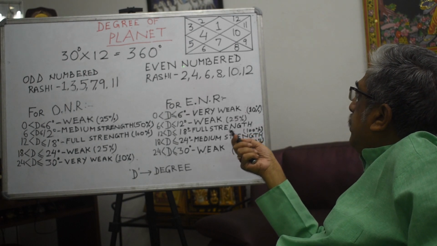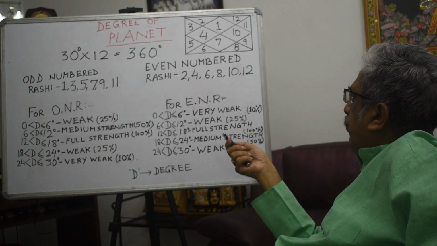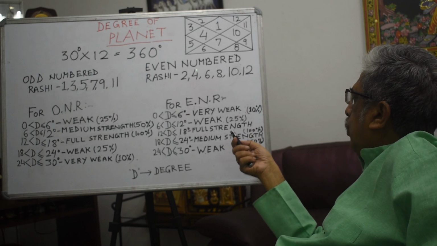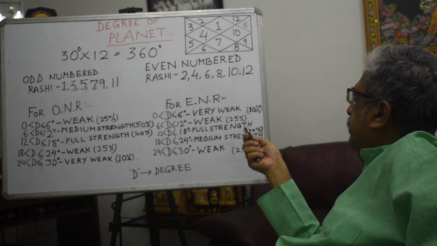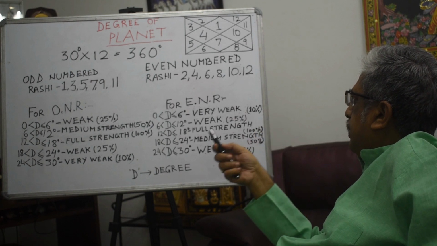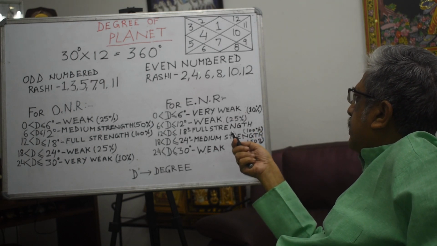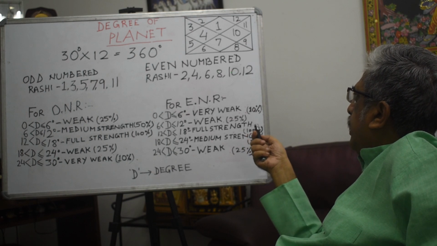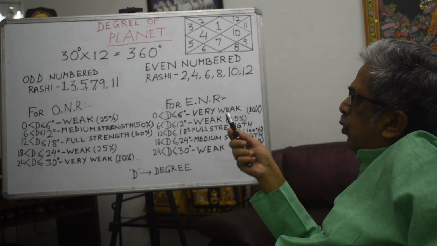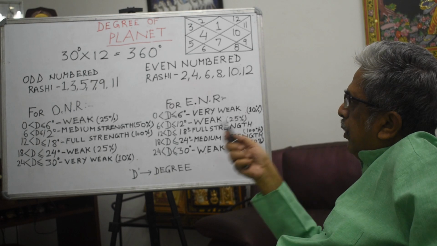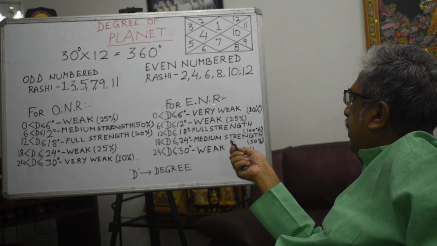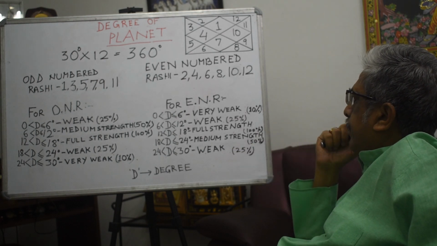Even numbered Rashis can be divided by 2, like 2, 4, 6, 8, 10 and 12. So it is Taurus, Cancer, Virgo, Scorpio, Capricorn and Pisces. So there are two groups of Rashis. We call them ONR, odd numbered Rashi, or ENR, even numbered Rashi.